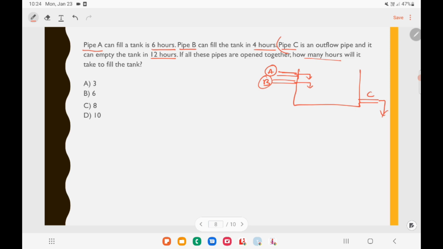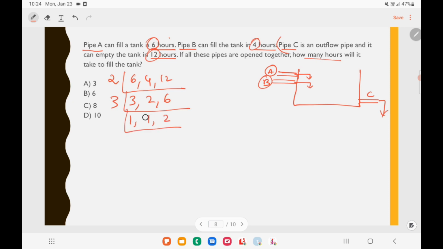So now let us do this question in a second approach. We can take the LCM of 6, 4 and 12. So here the LCM is equal to 2 into 3, 6, 6 into 2, 12.